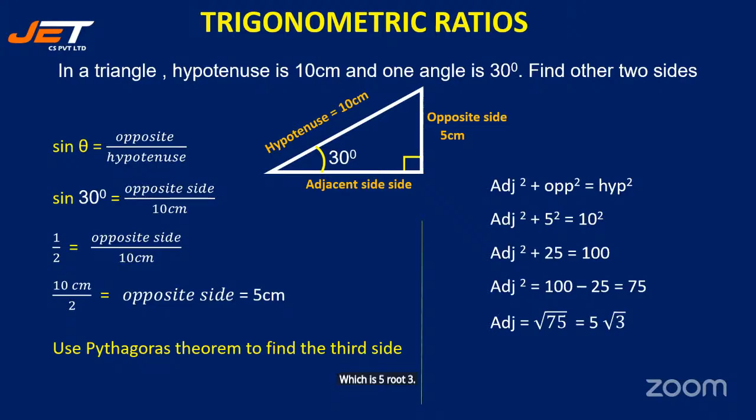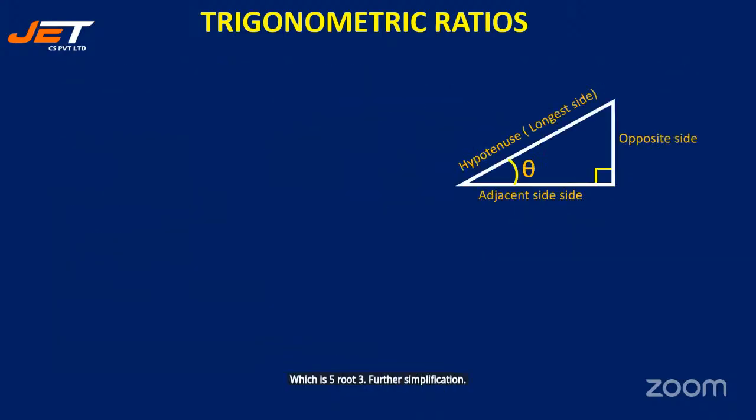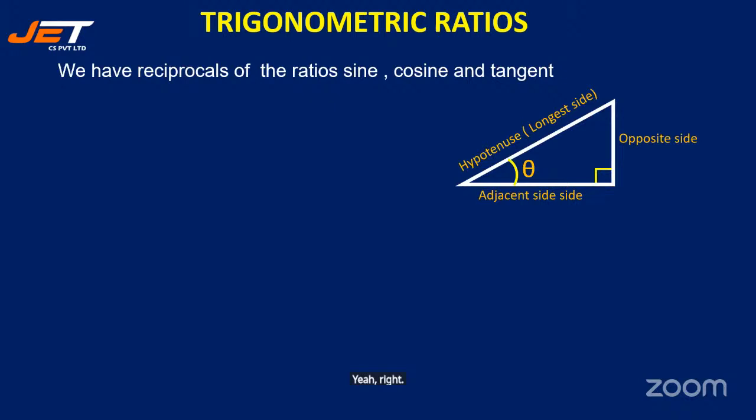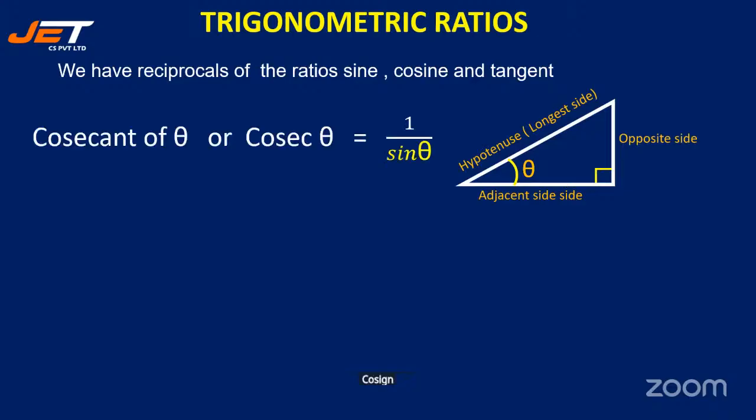Now, we have reciprocals of the ratios sine, cosine, and tangent. Clear? So this is very important, students. Cosecant theta is 1 by sine theta, or the other way around, sine theta is 1 by cosecant theta.